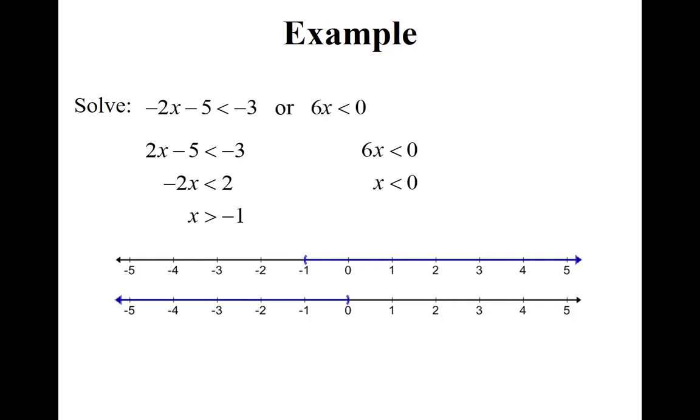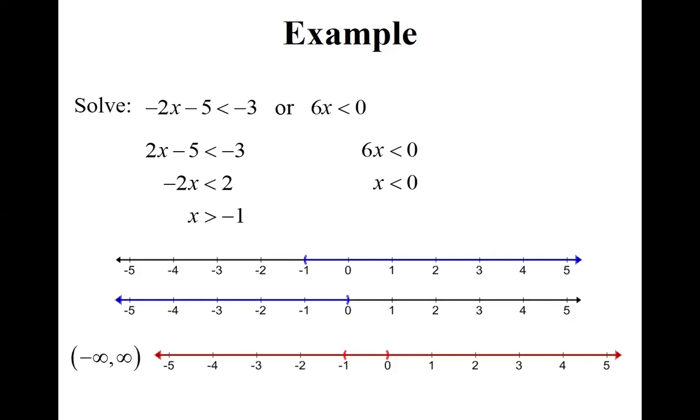But this is an or statement. It's both taken together. So if we were to draw them both on the same number line, it would cover the entire number line. So the answer to this one is actually all real numbers, negative infinity to infinity. And that is it for this topic.